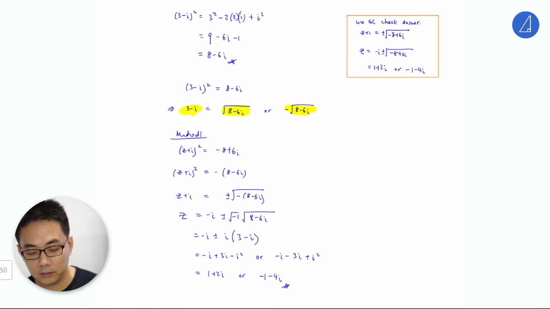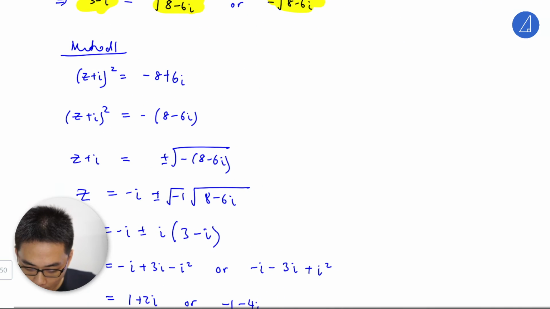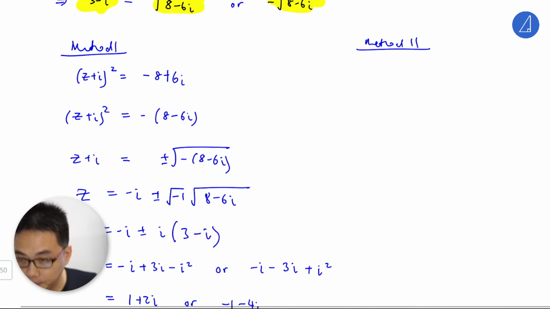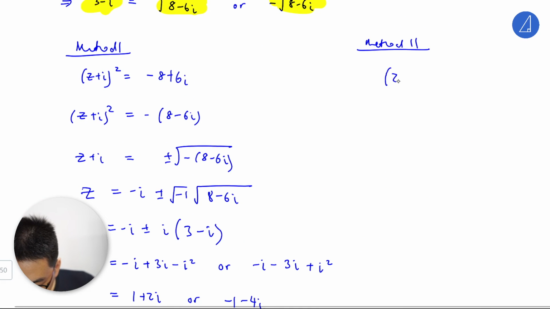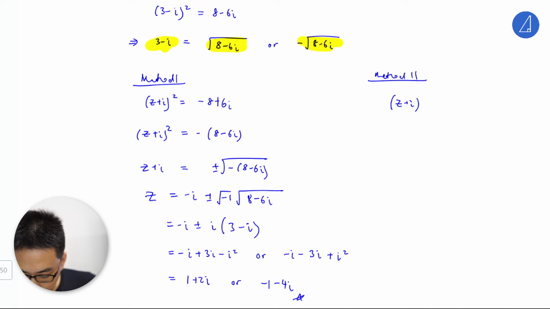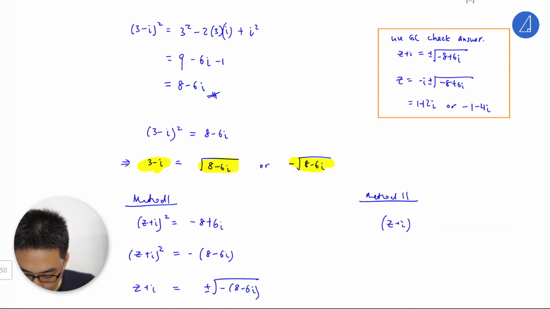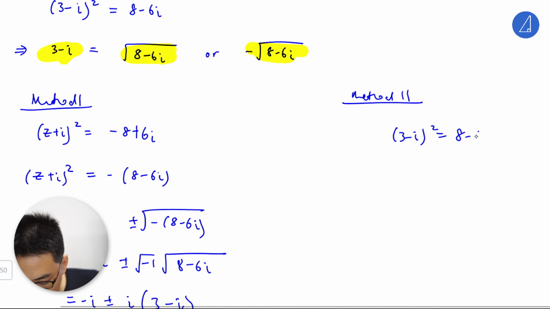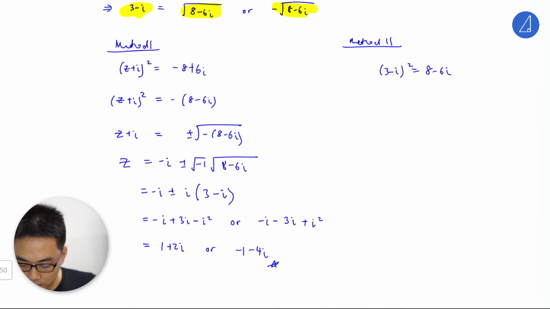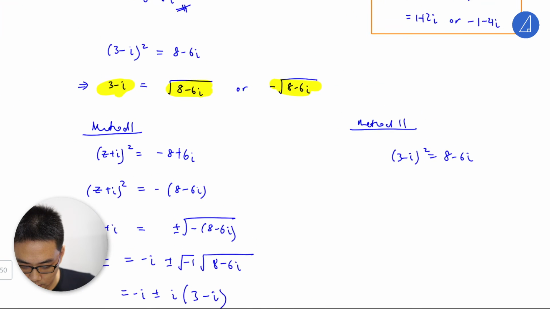Okay, check your answer. I'll go through method 2 with you. Method 2 is this: z plus i squared, this is 3 minus i squared equals 8 minus 6i.